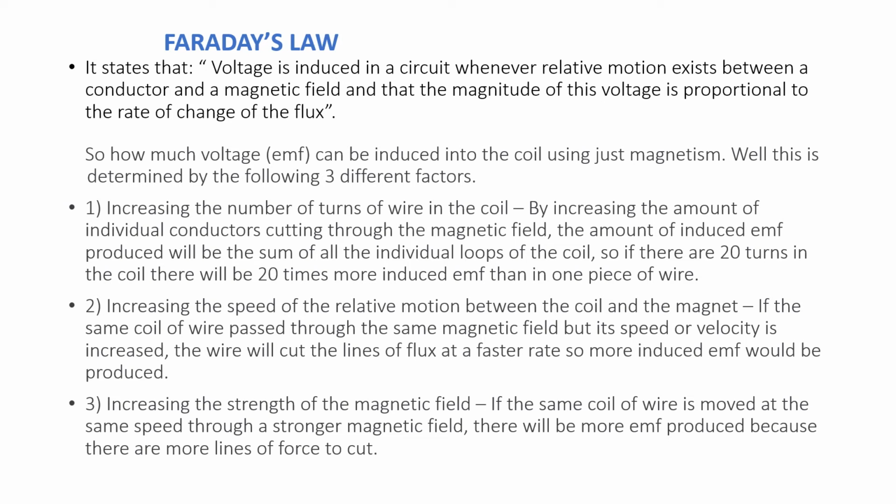First, by increasing the number of conductors cutting the magnetic field, the induced EMF produced can be increased. By increasing the speed of relative motion between the coil and the magnet, the induced EMF can be increased. By increasing the strength of the magnetic field, the EMF produced will be more.